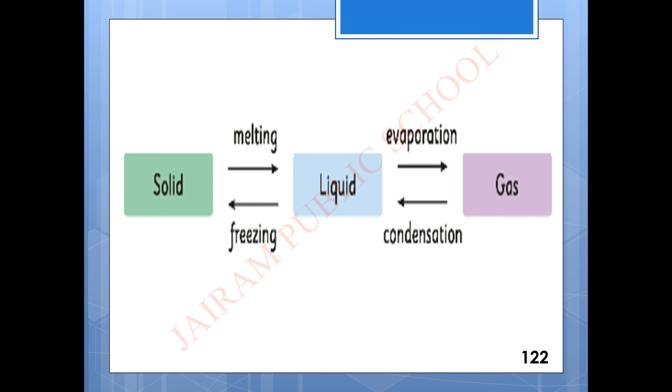This process is called melting, and the liquid again, when it is heated up, evaporates. This process is called evaporation. When the evaporated gas is cooled, it becomes water. This process is called condensation, and the liquid again, if it is cooled, becomes solid ice. It is called freezing.